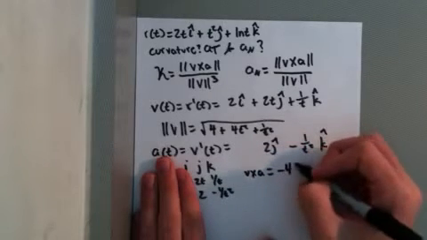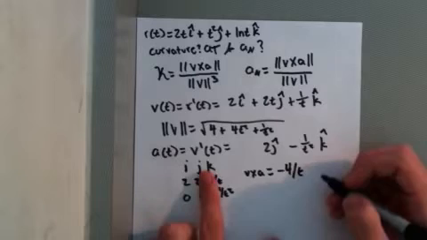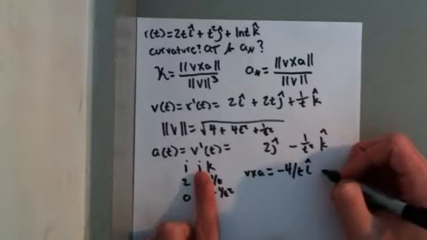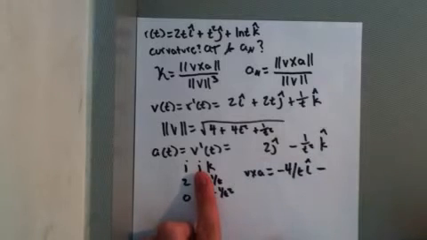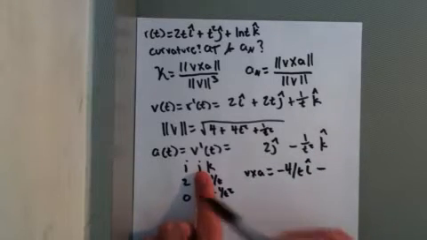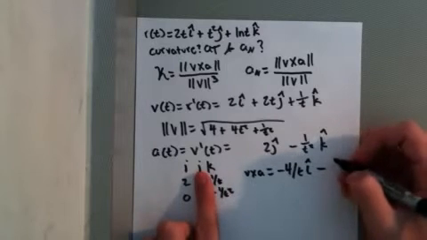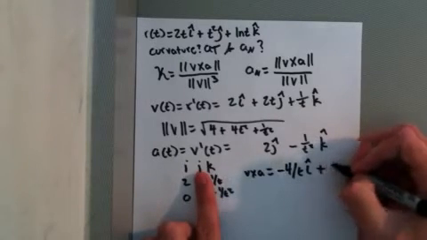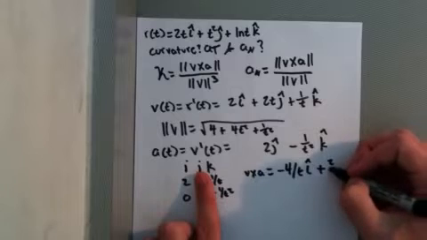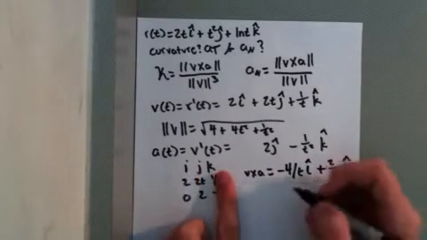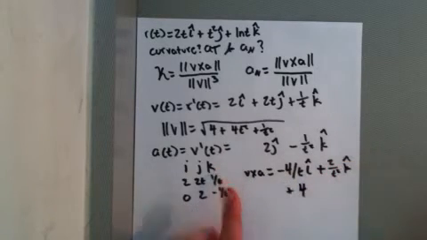It's minus 4 over t i. Then we get minus, because it's always minus whatever it is when you cover up the j, and you get minus 2 over t squared, so minus 2 over t squared, that's going to be plus 2 over t squared k. And the last one is just going to be plus 4.